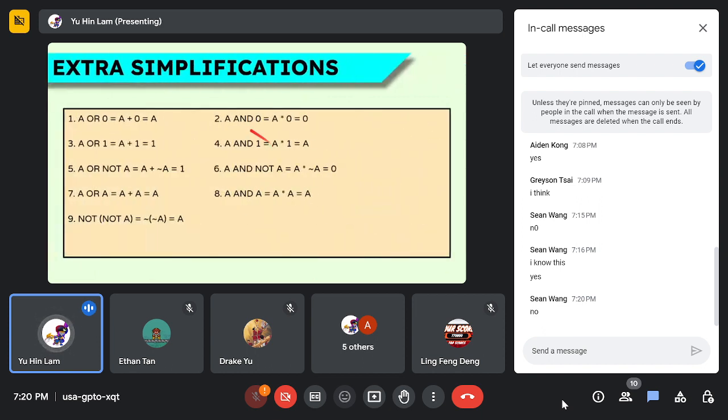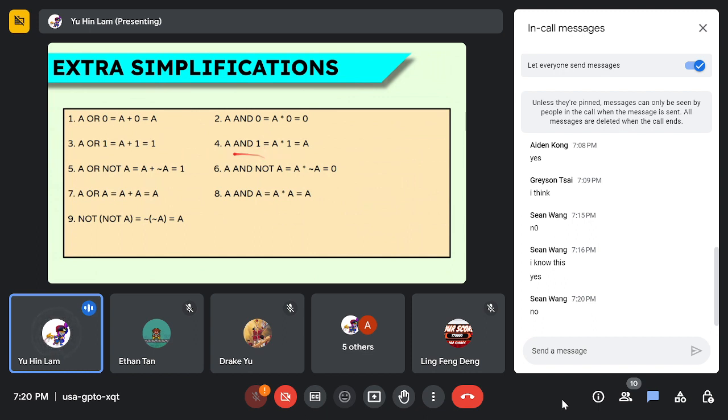So these are just some extra simplifications. A or 0, or A or false, is just going to be equal to A. A and 0, or A and false, is just going to give us false, or 0. A or 1 will just give us 1, or true.